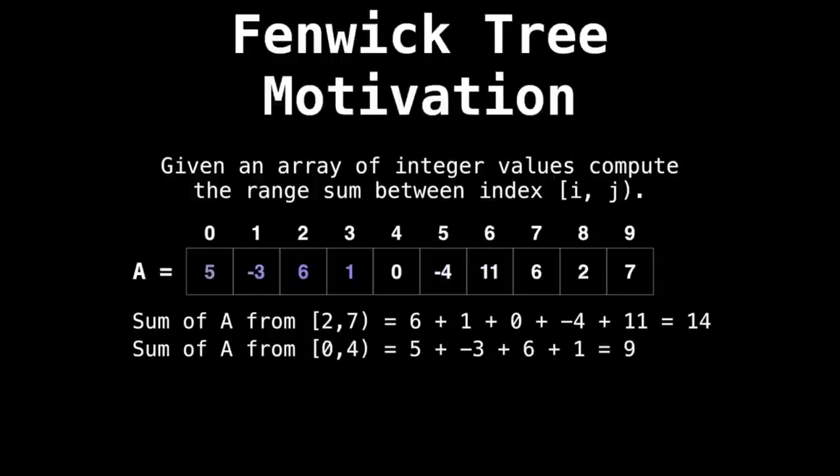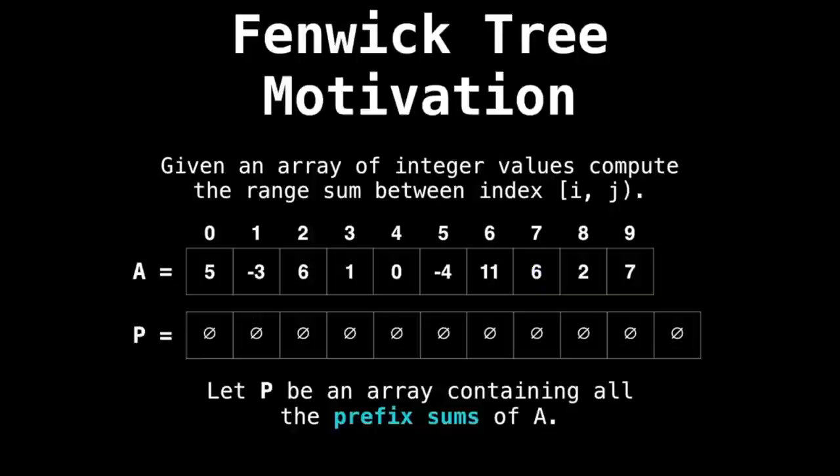That's fine, we can do this. However, it'll soon get pretty slow because we're doing linear queries, which is really bad. However, if we compute all the prefix sums for the array A, then we can do queries in constant time, which is really, really good.